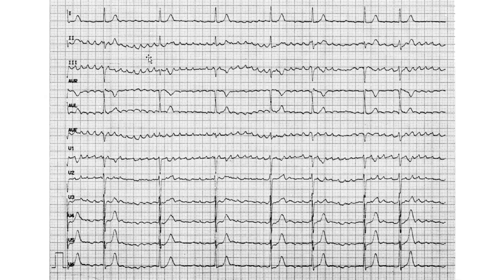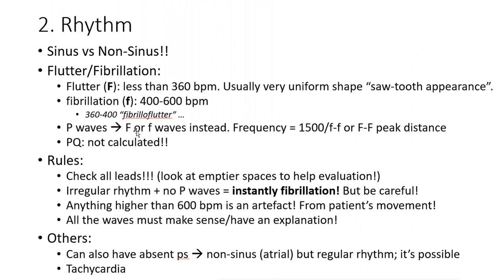Flutter is typically quite clear, quite uniform, with a sawtooth appearance. Fibrillation, however, can be quite hidden. So just keep that in mind. And based on this, you don't take the PQ interval if it's flutter or fibrillation. So be careful, all right?